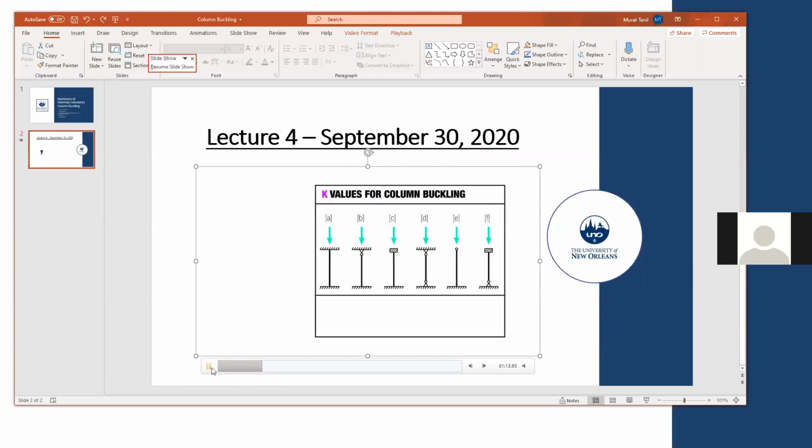Okay, so the K values for column buckling. You're going to see how they are effective. Let's look at the first scenario, scenario A. When you look at A, you have fixed at the top and fixed at the bottom. Imagine you're grasping from both ends. They are fixed, and you're applying force.